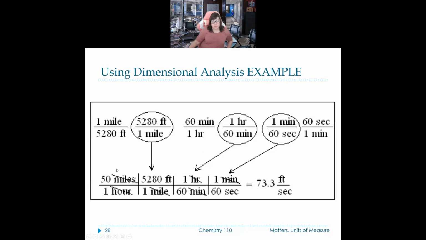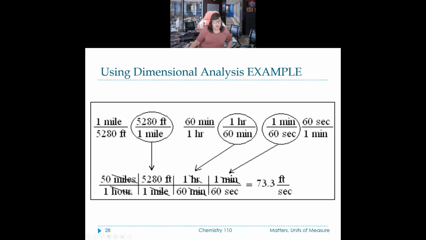I always start with the stuff that's on the top. So 50 miles, and I want to go to feet, so I take this feet per mile and put that in here. So 50 miles per hour times 5280 feet per mile. Okay, that cancels my miles. At least you have an answer in feet per hour.